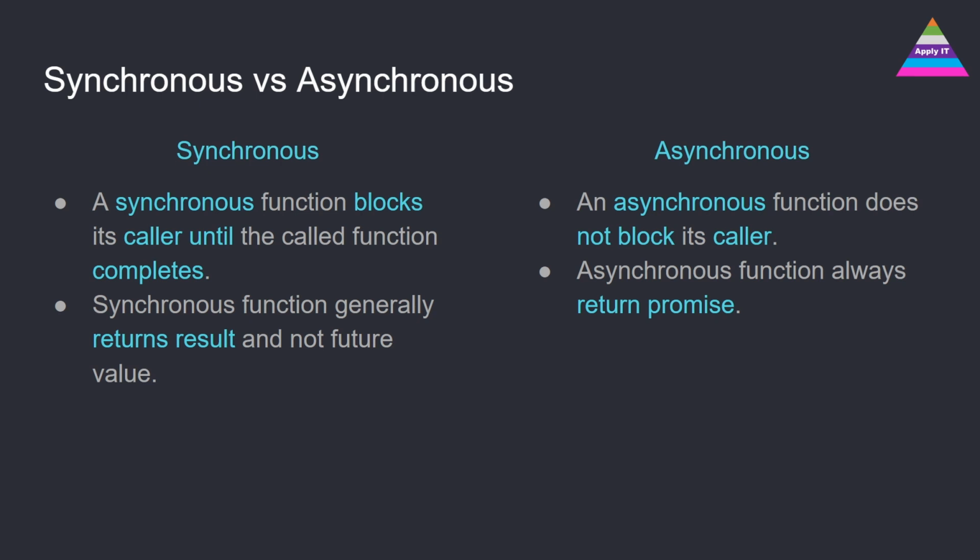If you have a synchronous function, that function will block the caller until the execution of that function is completed. Whereas an asynchronous function is not going to block its caller. Generally, synchronous functions return a result and not a future value or a promise, whereas asynchronous functions always return a promise object.